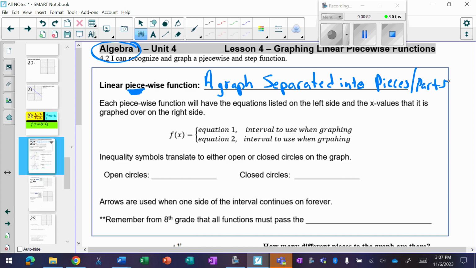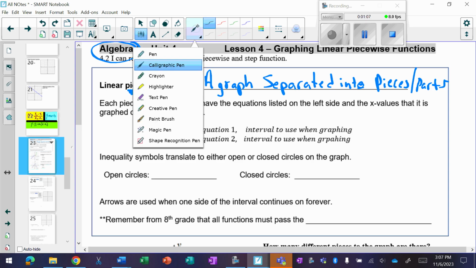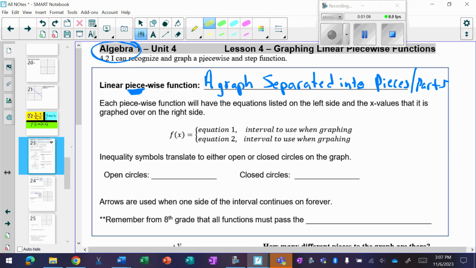Each different part of the graph is written across a different set of x values. So each different part of the graph has its own domain, its own range of x's where the graph is drawn. Our piecewise function notation looks like this, right here in the middle of your page.